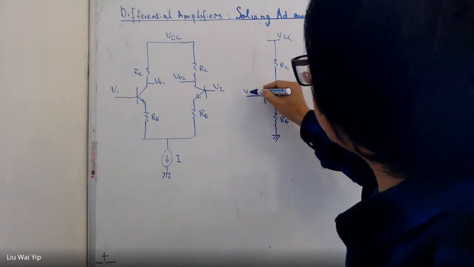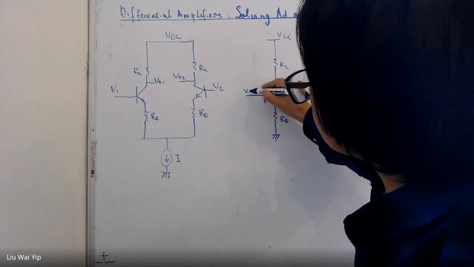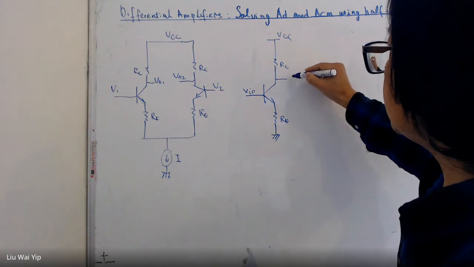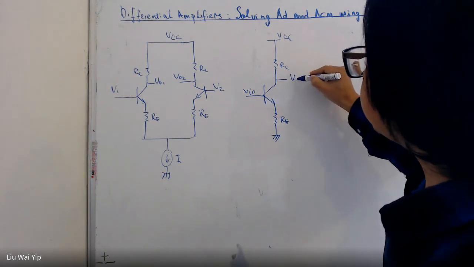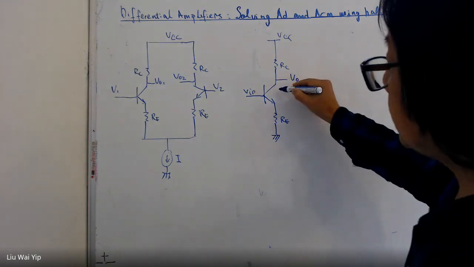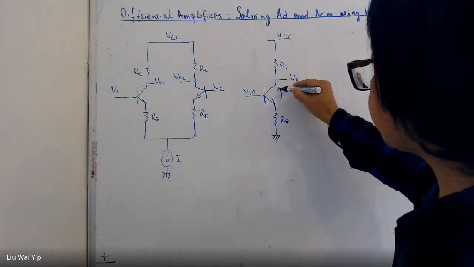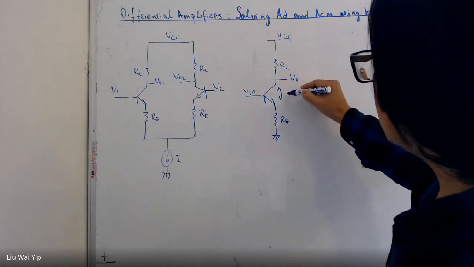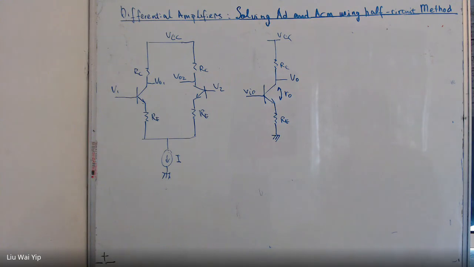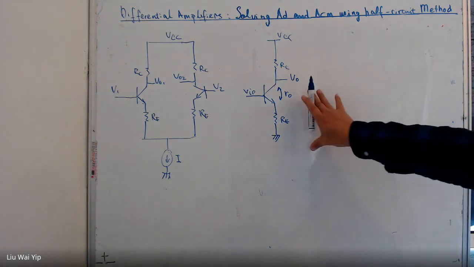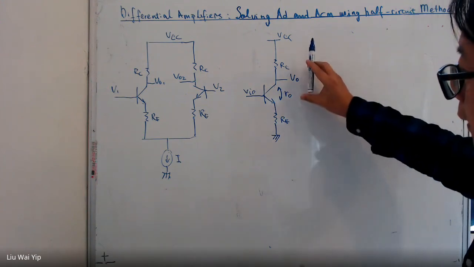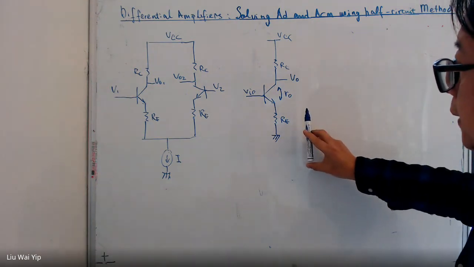This one V1 we use VID, and then Vout, and we know there is an early resistance here, and this will be the circuit for the differential voltage gain.